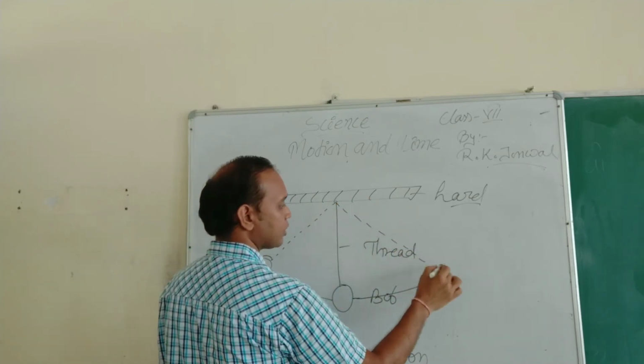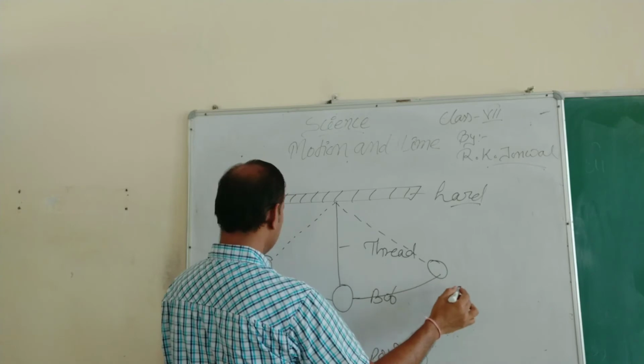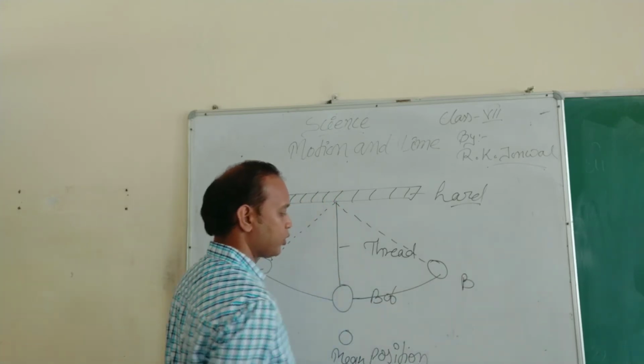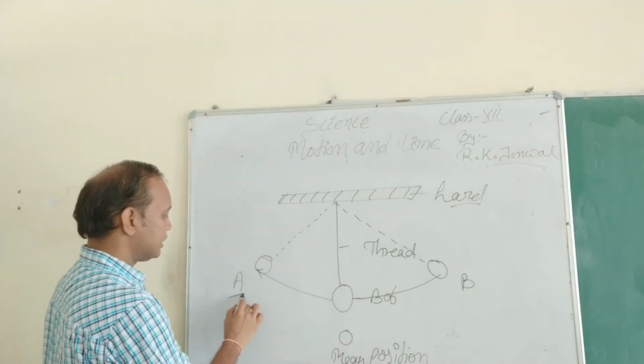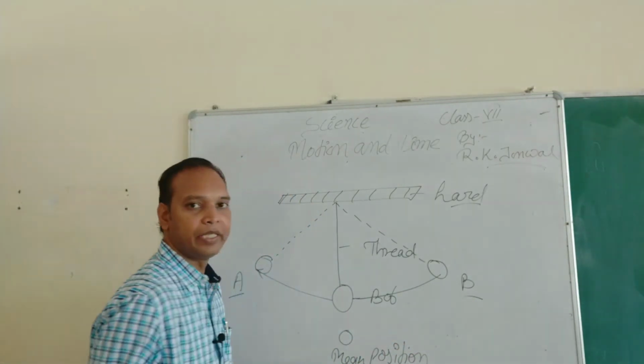That is also an extreme position, it is called B. So here are the two extreme positions of this pendulum. One is A and another one is B.